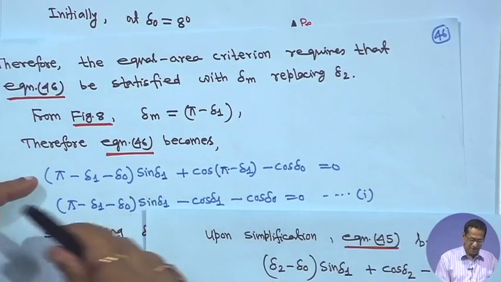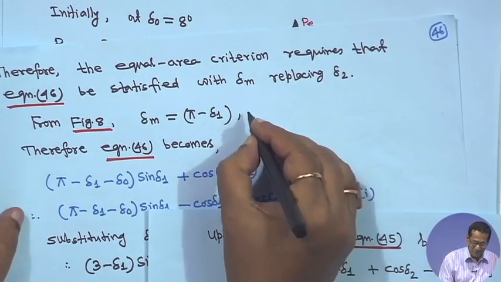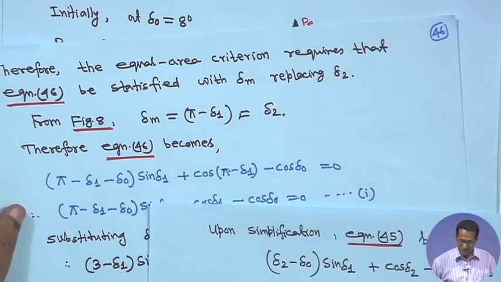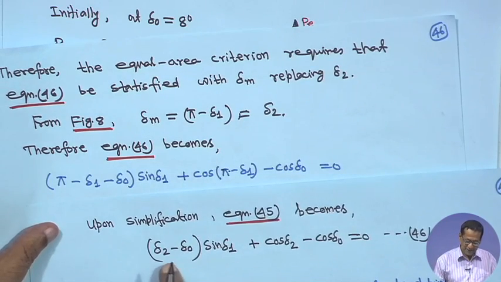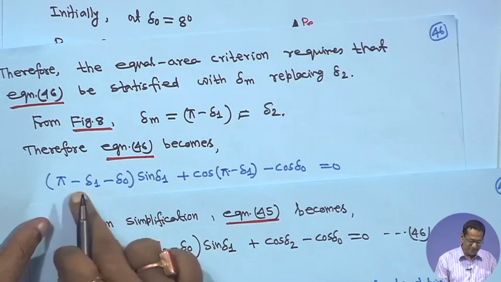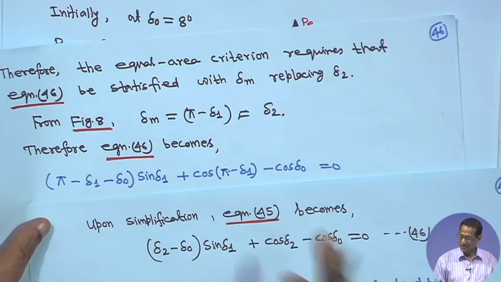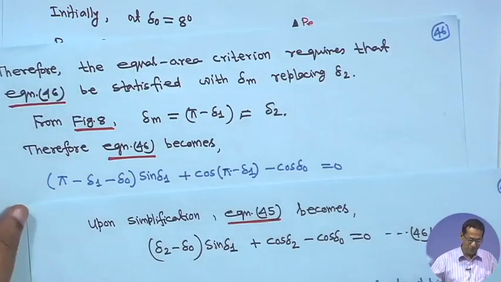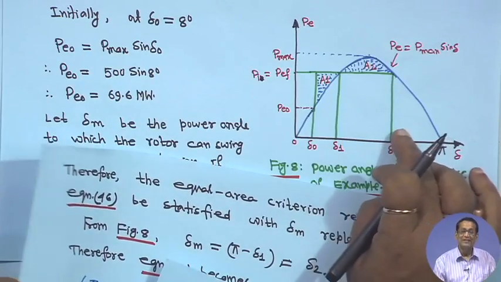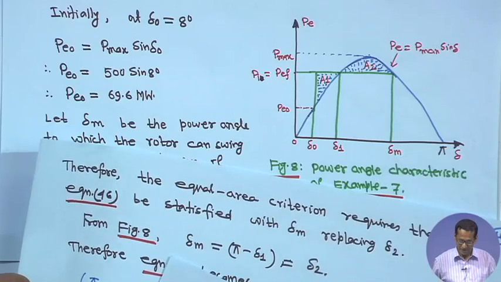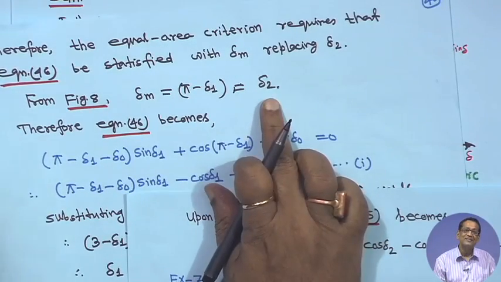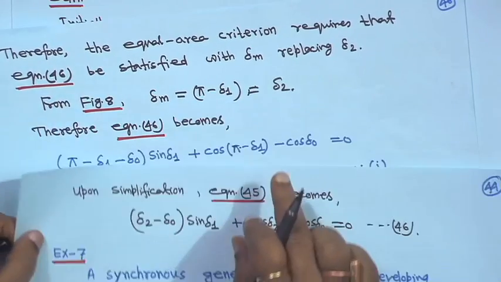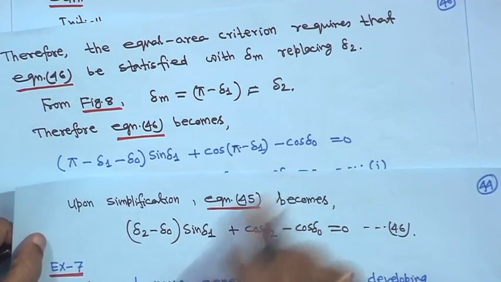For your understanding, you should not be confused. In equation 46, please put pi minus delta 1 for delta 2, because in this figure it is up to delta 2, but it can go up to the maximum delta m, from delta 1 to delta m. So, put pi minus delta 1, minus cos delta 0.